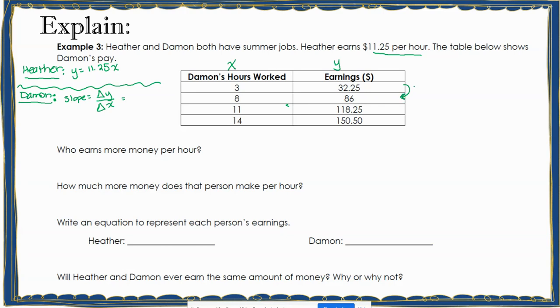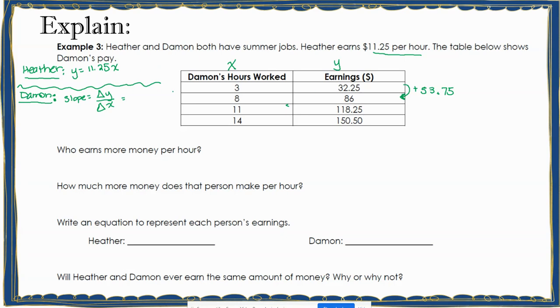We know that that's an increase. But how much does that increase by? Well, if we subtract those, we see that we get an increase of $53.75. So if I started with $32.25 and I added $53.75, I would get $86.